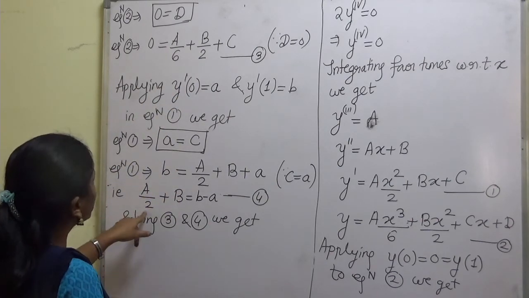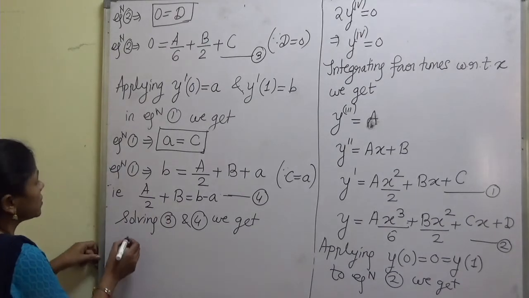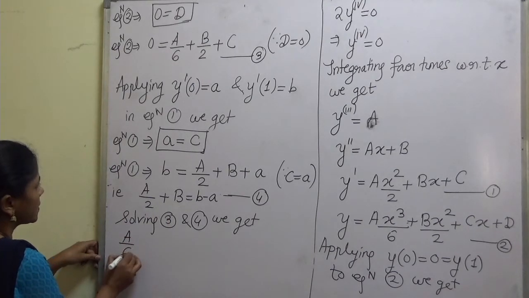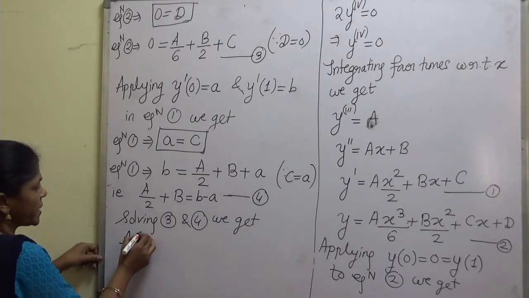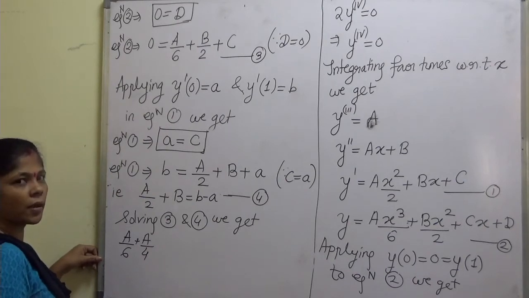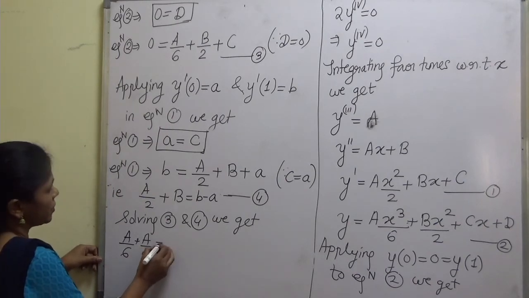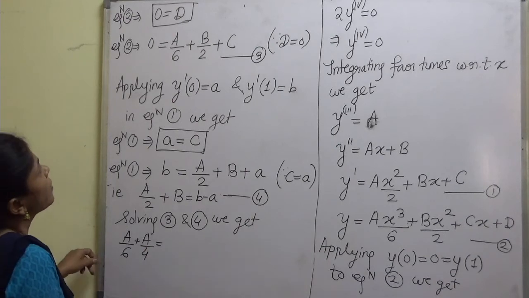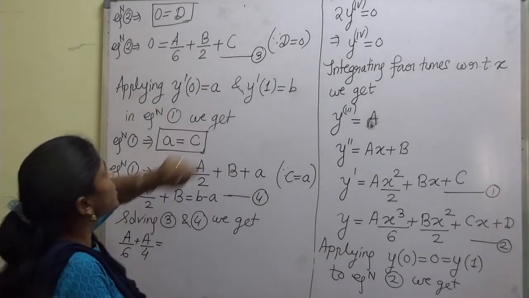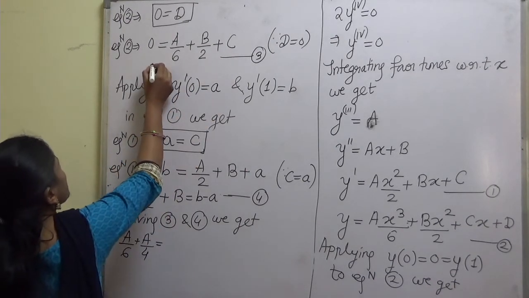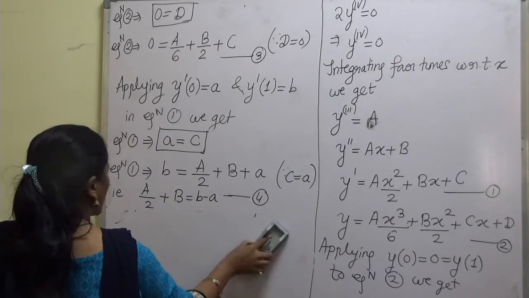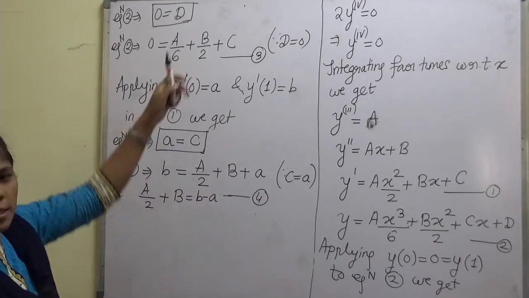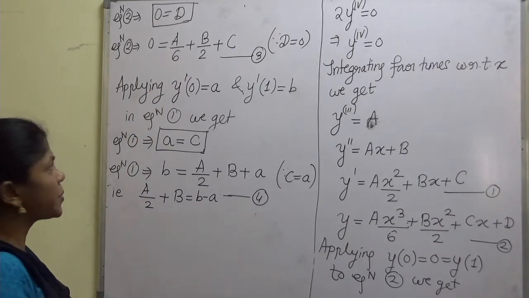So what we will get? A by 6. When I will multiply this by 1 by 2, plus a by 4, okay, equal to, c is the value of c is a. So equation 3 involves the value of c. Let us put the value of c.